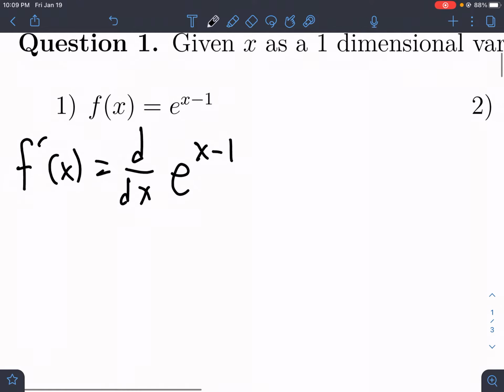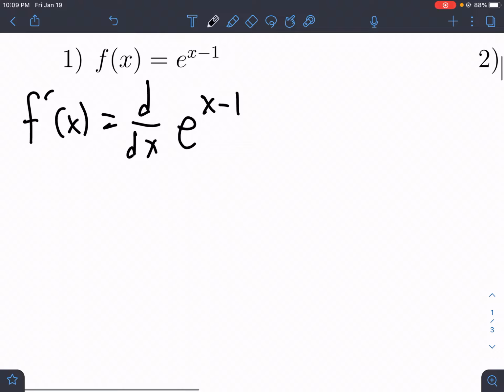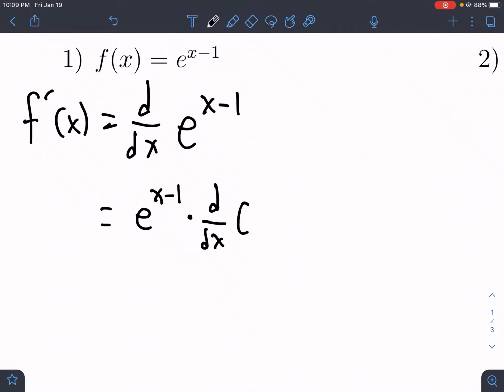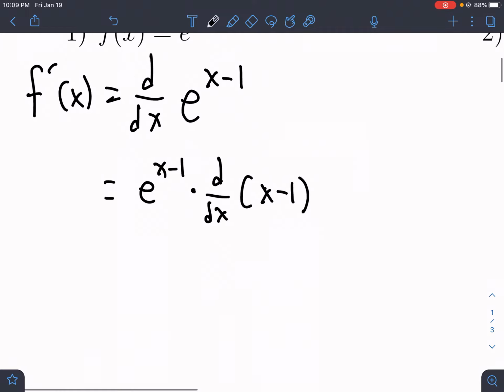Now, the derivative of e to the x minus 1 is very similar to the derivative of e to the x. The derivative of e to the x minus 1 directly is e to the x minus 1, but we do have to apply the chain rule here. So we also have to find the derivative of x minus 1.